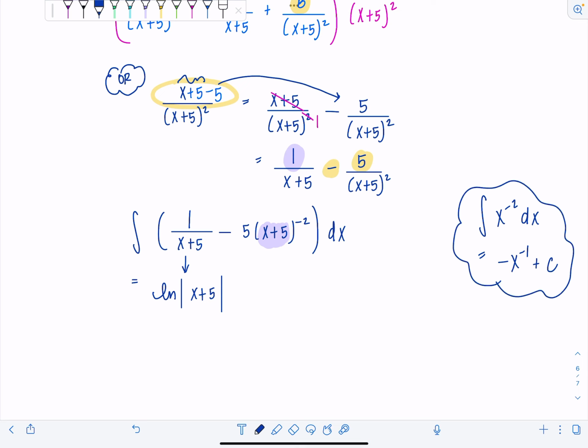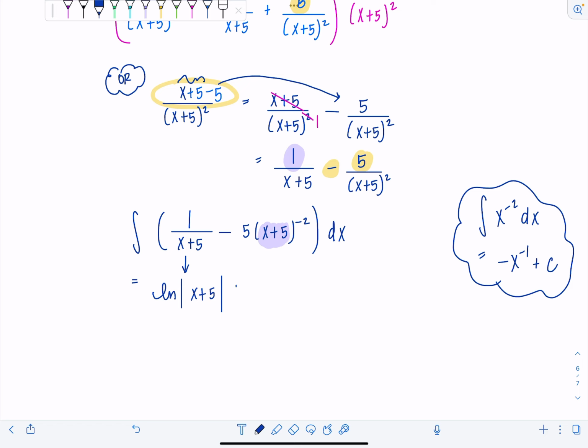Well, does it make a difference that now we have x plus 5 instead of plain old x? If you sat there and did a sad little u sub, I say sad because, I mean, it's really just a waste of time. If u is x plus 5, du is dx, all that you're accounting for is this plus 5. I mean, who cares? Can't we just account for that as is?